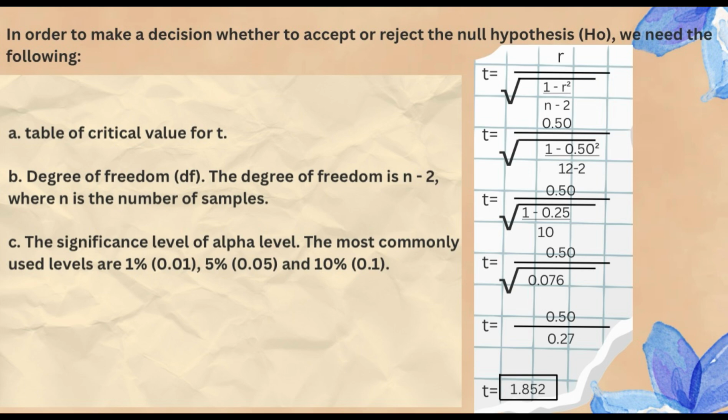And this value will be compared to the critical value from the table. If the computed value is greater than the critical value, we reject the null hypothesis. Otherwise, we fail to reject it. This comparison will help us conclude whether the relationship between height and weight is statistically significant.